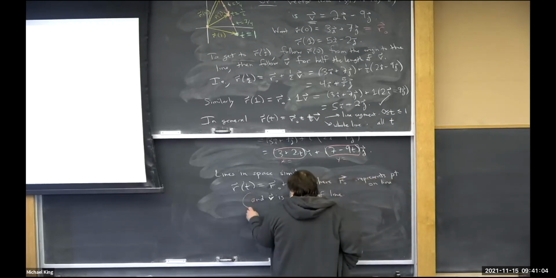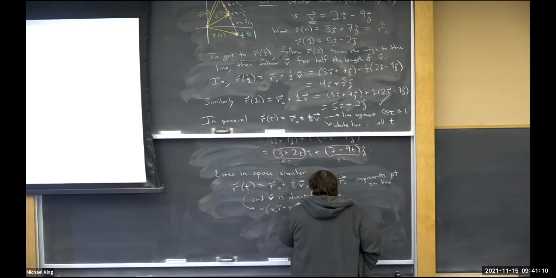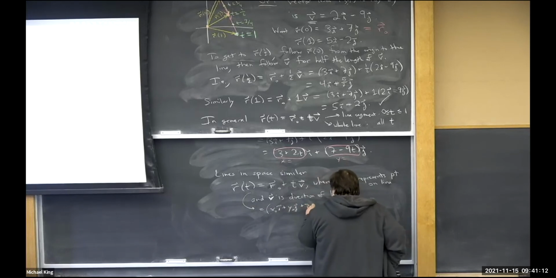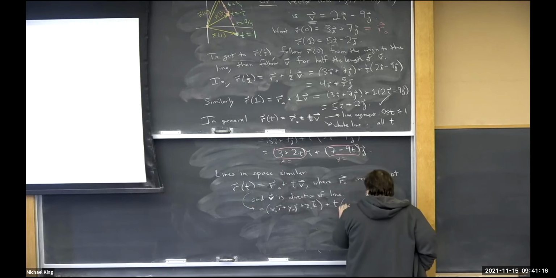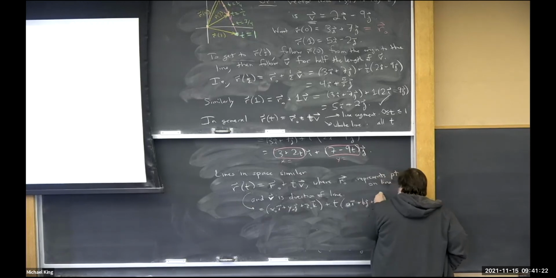Like if this was X naught, Y naught, Z naught, and the direction of the line was AI plus BJ plus CK.